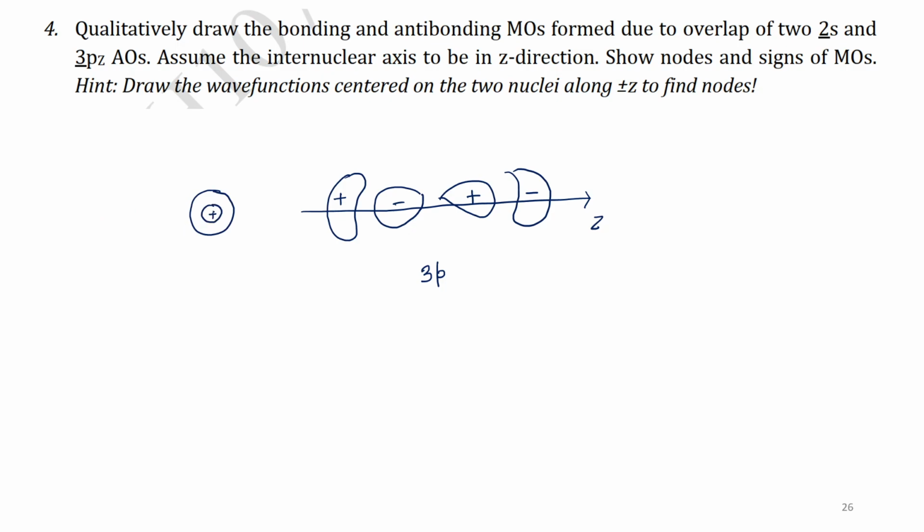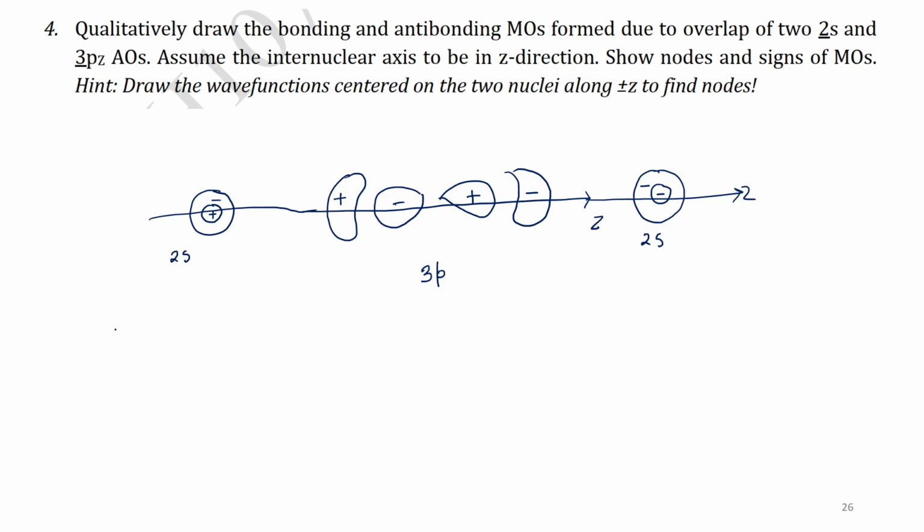Suppose I keep plus between and the upper one minus, and similar for this plus and minus. See, in the first case, this side is matching, this side is not. So 2s, and this is the z axis, internuclear, right?